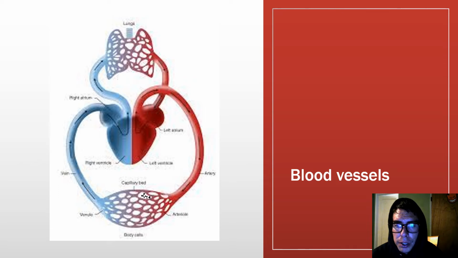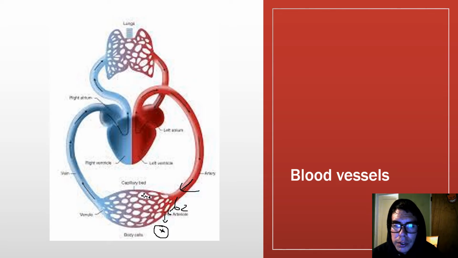I'm going to draw one down here just to make it bigger so you can see. So if that's a cell, we have oxygen, O2, coming down this way. Once it comes down through this network of capillaries, it will come out of the bloodstream through the interstitial space into the cell right here.